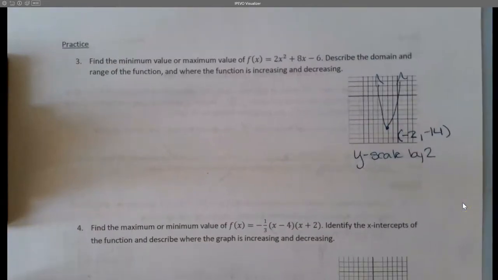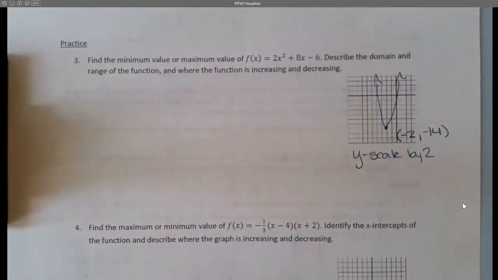Okay. This one wants domain and range and where the function is increasing and decreasing. Was number 1 asking for increasing and decreasing? It was, my bad.